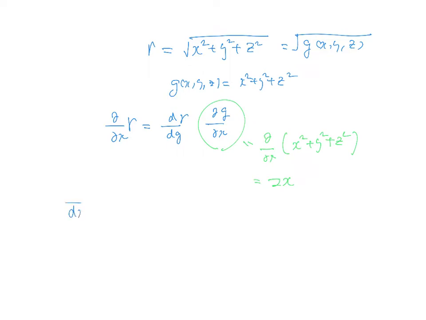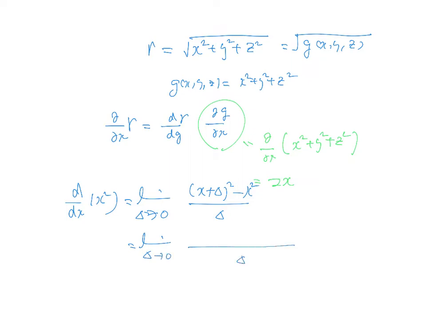So d/dx of x squared is simply the limit as delta x goes to 0 of (x plus delta x) squared minus x squared, over delta x.